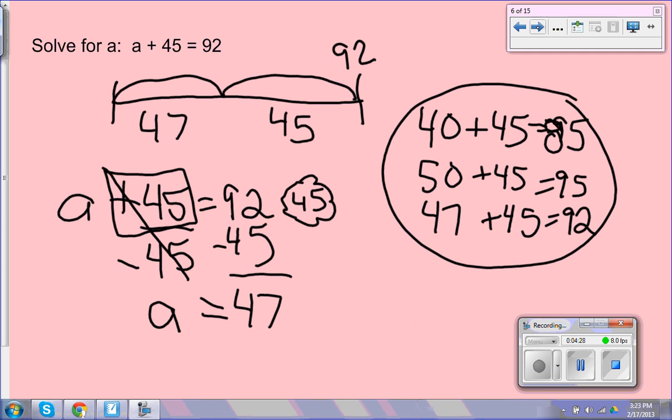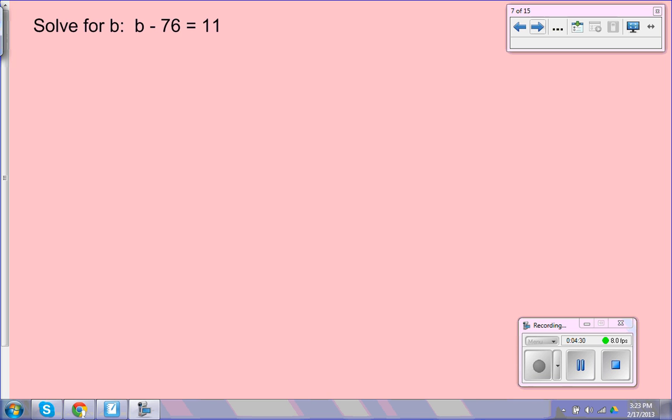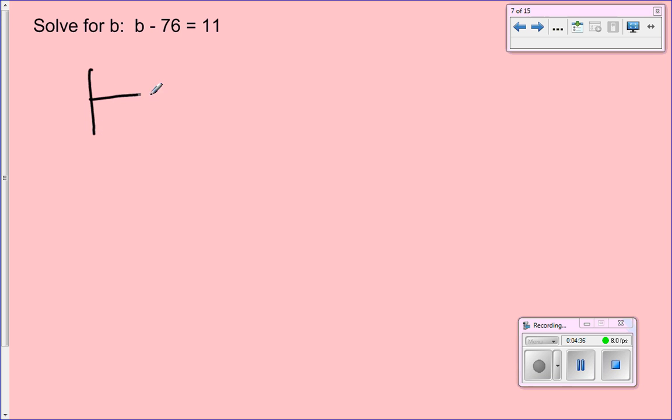So let's take a look at the next problem. Now I have b minus 76 equals 11. So if I'm going to start with a visual strategy, I'm going to begin by showing my number line. Now what's tricky is to think about what I'm actually doing on this number line.